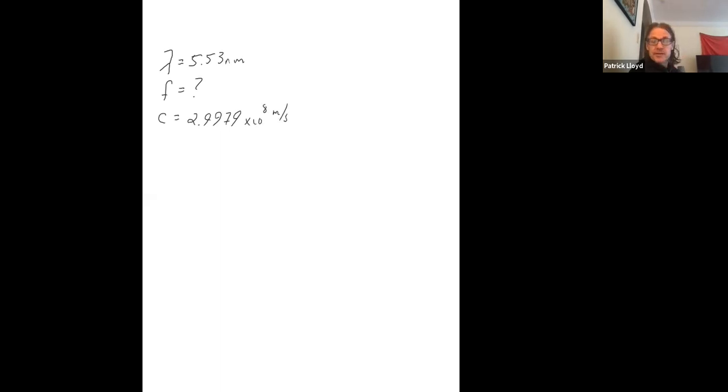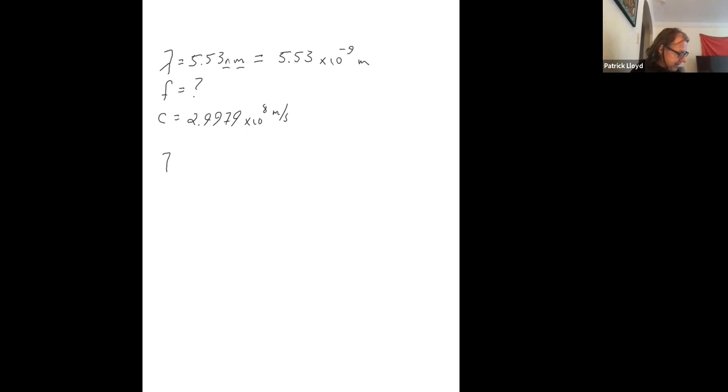Pretty simple, but I'm going to write this in meters. Nano is 10 to the negative 9; micro is minus 6, nano is minus 9. So 5.53 nano is 5.53 times 10 to the minus 9 meters. Now we calculate the frequency.